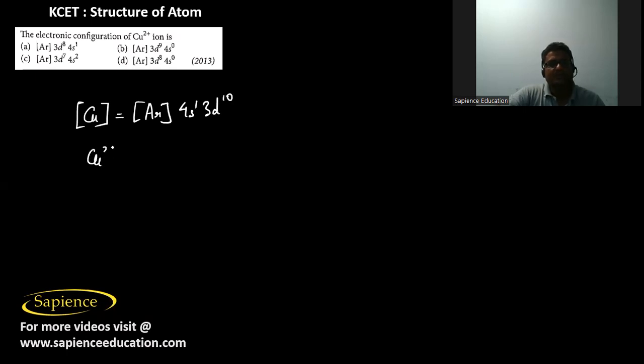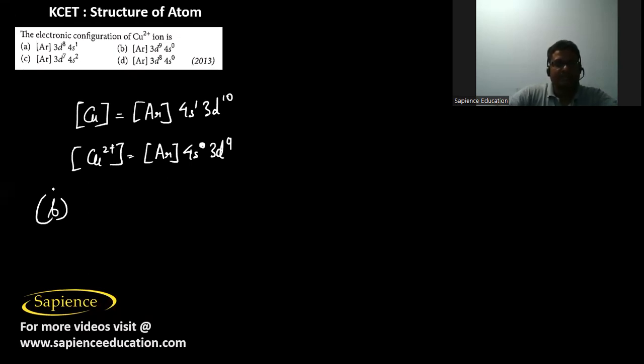So therefore Cu2 plus ion will have the configuration argon 4s0 3d9. So option B is the correct answer, since 2 plus means that it has lost 2 electrons.